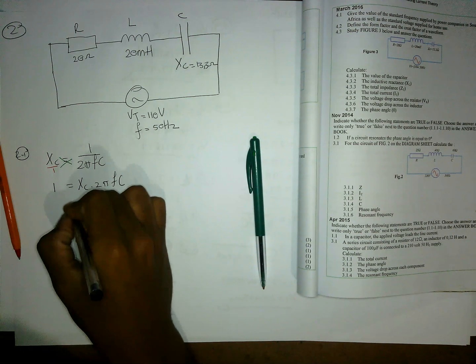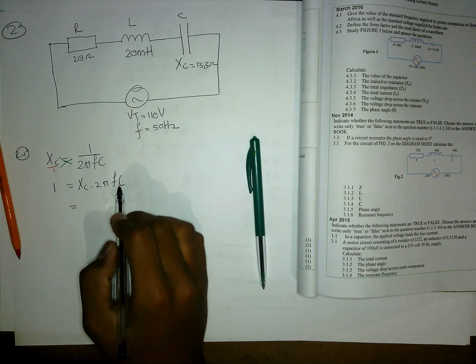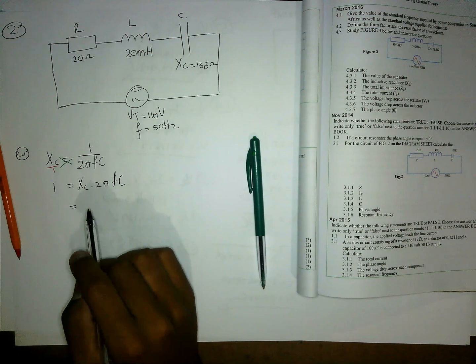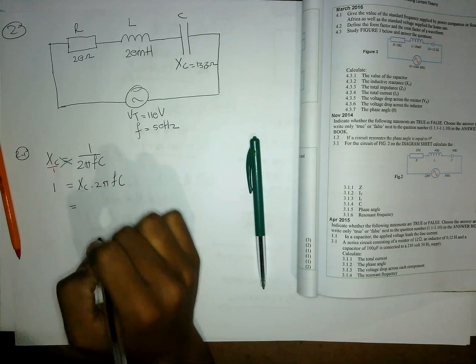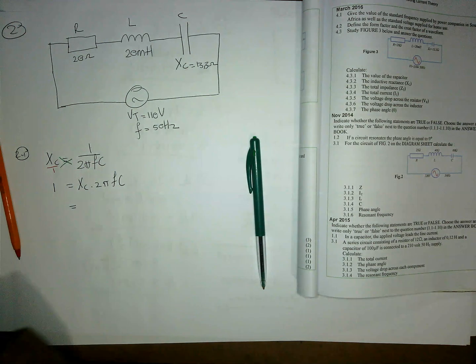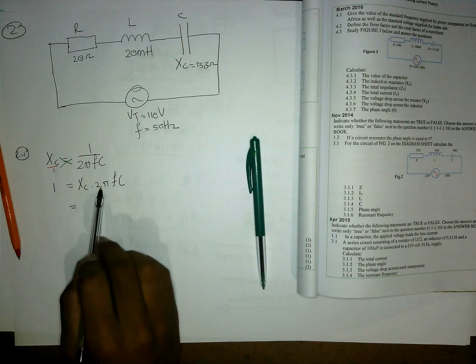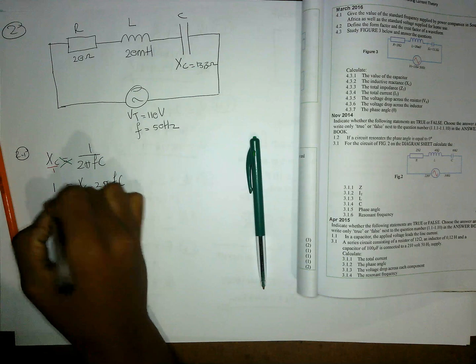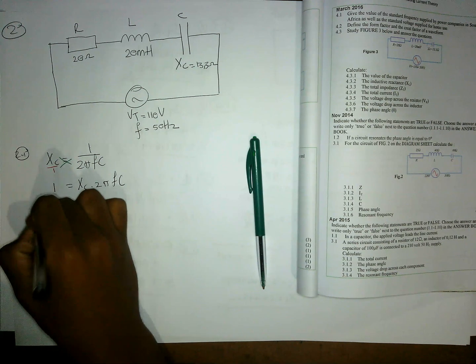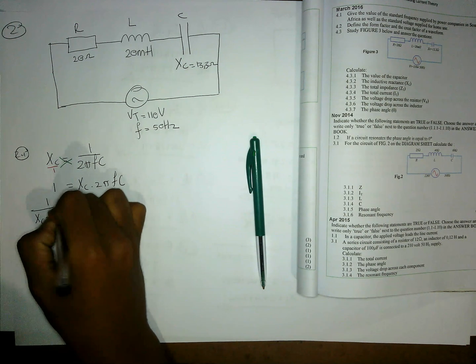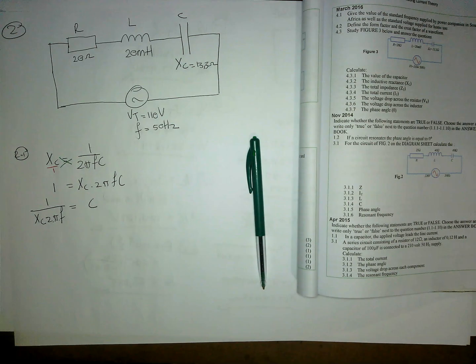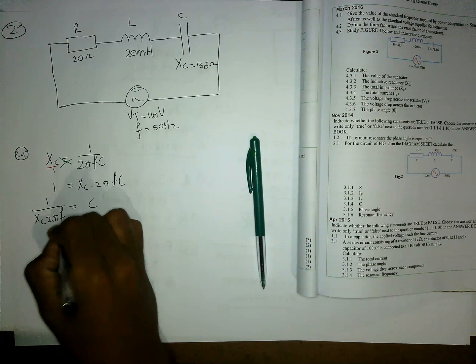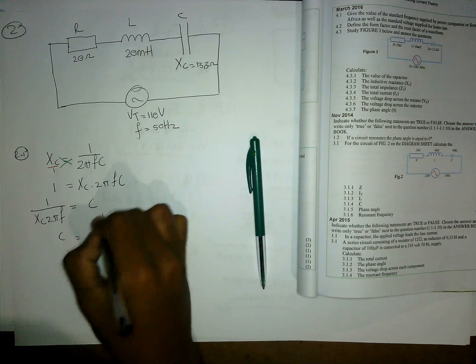Now, to get C alone, what do we do? We divide with everything here, the Xc 2 pi F. Then we're gonna get 1 over Xc 2 pi F. If we write this nice, just switch it around so it looks better.